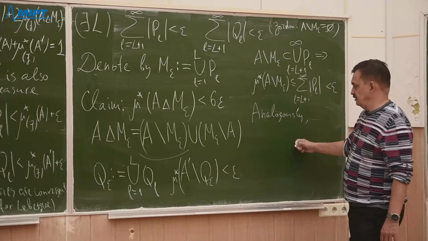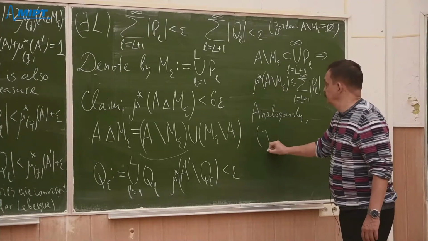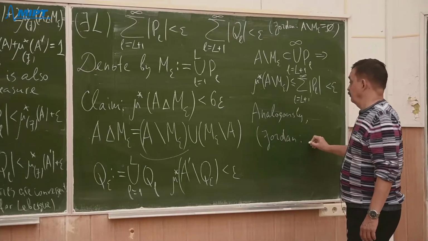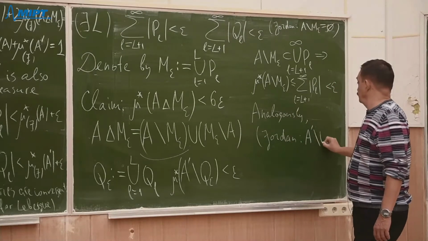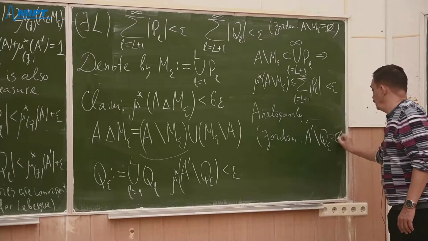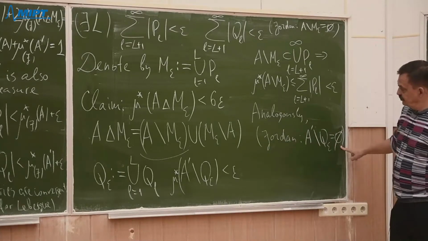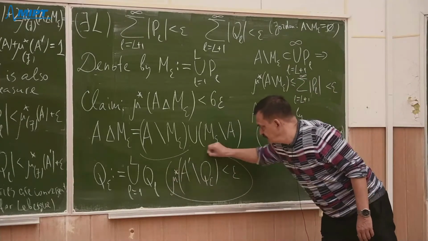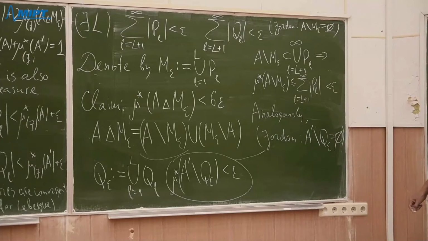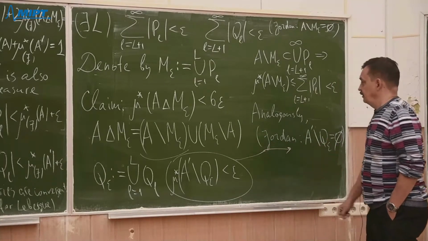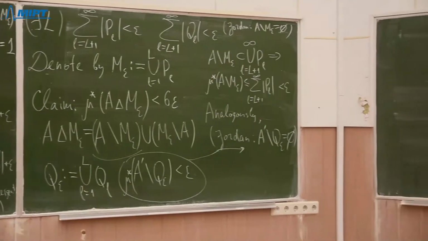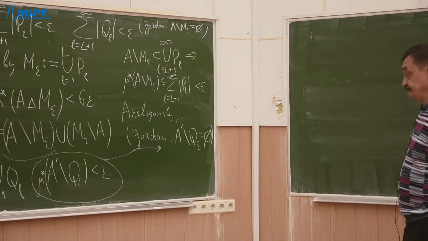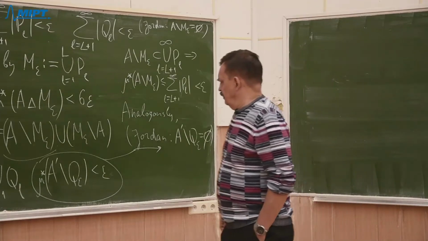And for Jordan, A prime minus Q epsilon is empty. For Jordan that is empty, for Lebesgue we have analogous estimates. These are two things which are necessary for us.